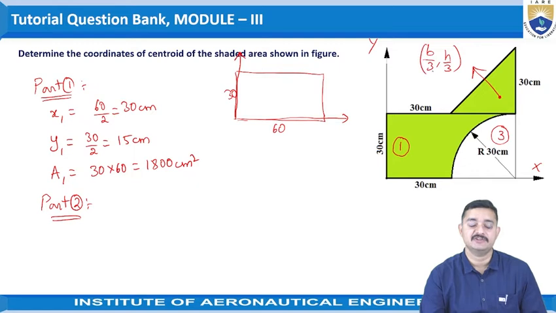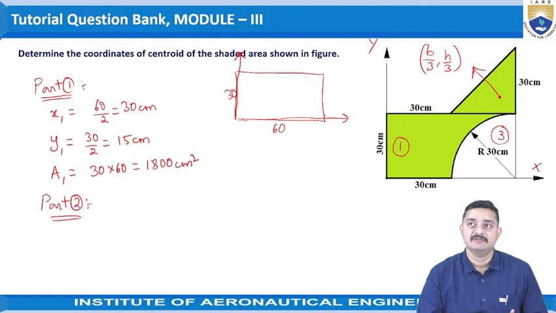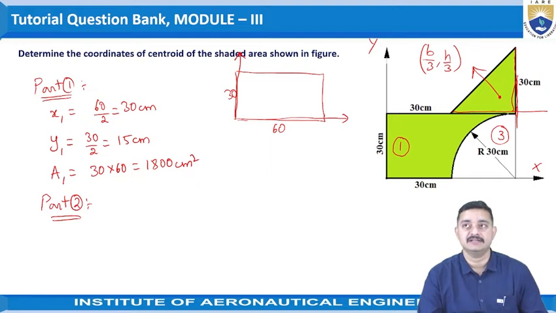The quadrant of the centroid can be taken as b by 3 comma h by 3, wherein this b by 3 and h by 3 will be considered from this adjacent side, or we can say from this axis and the base axis, like this. This centroid will be considered from this vertical thing and this horizontal thing. This would be b by 3 and h by 3 would be considered from distances as shown here.